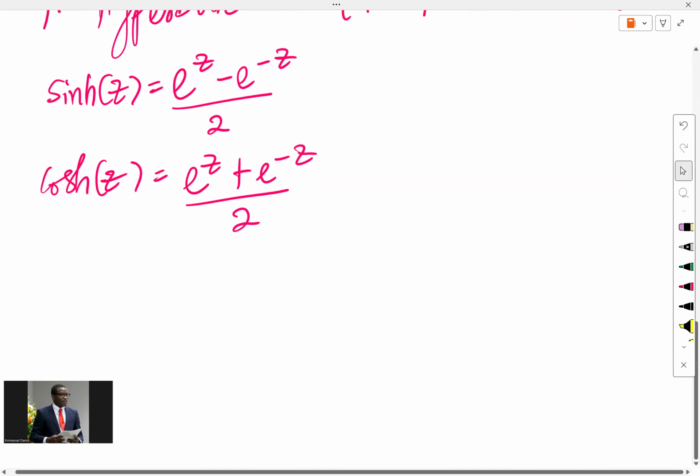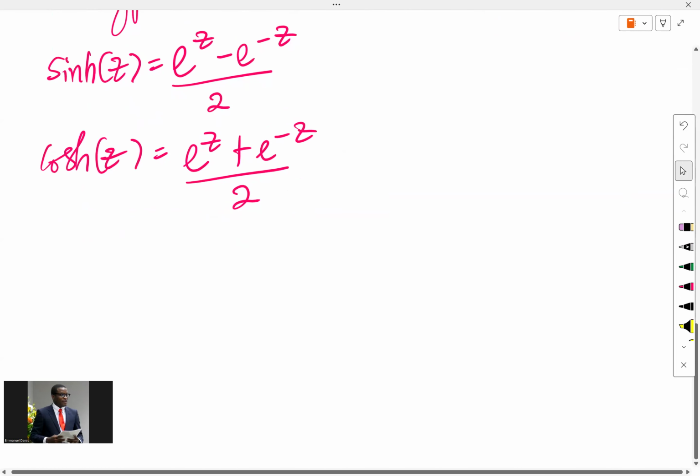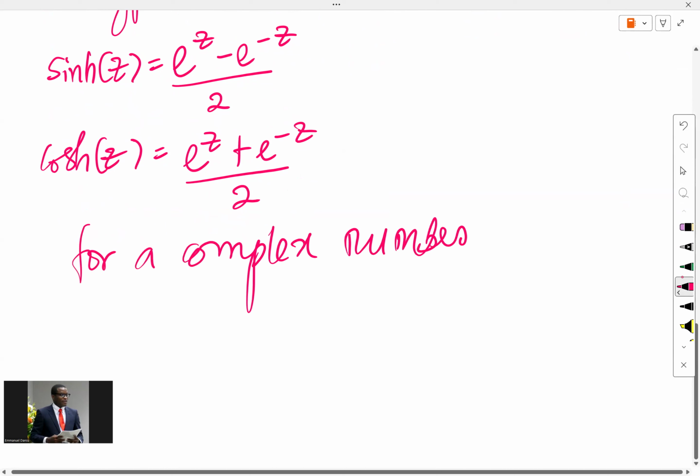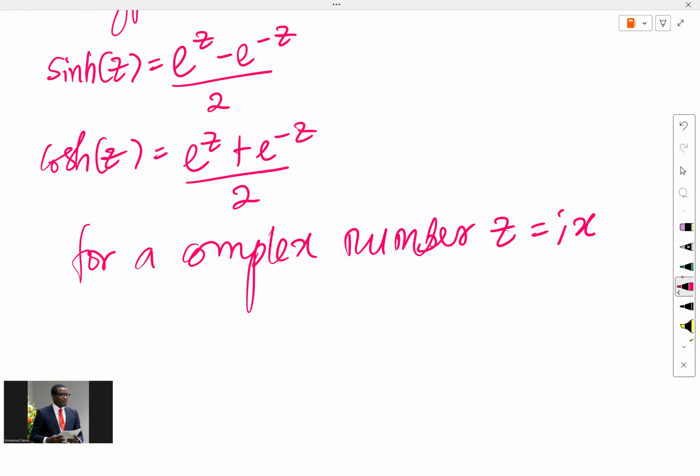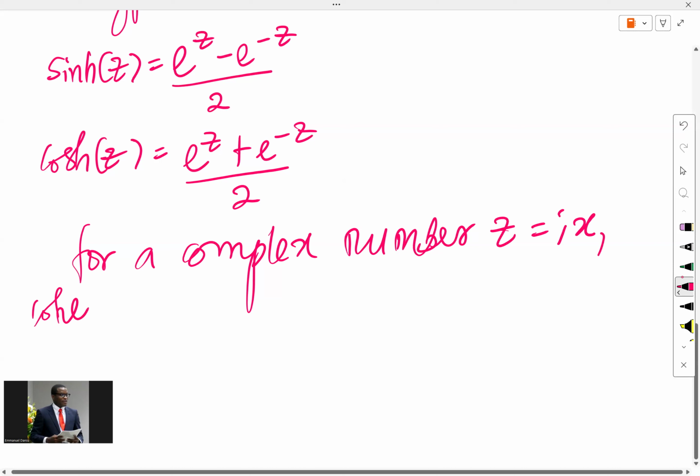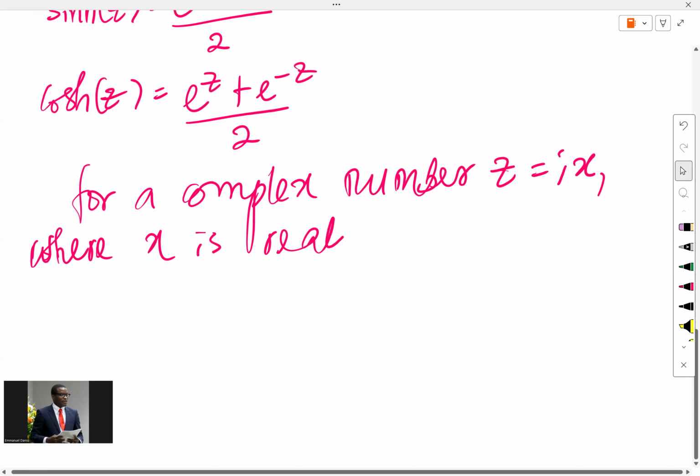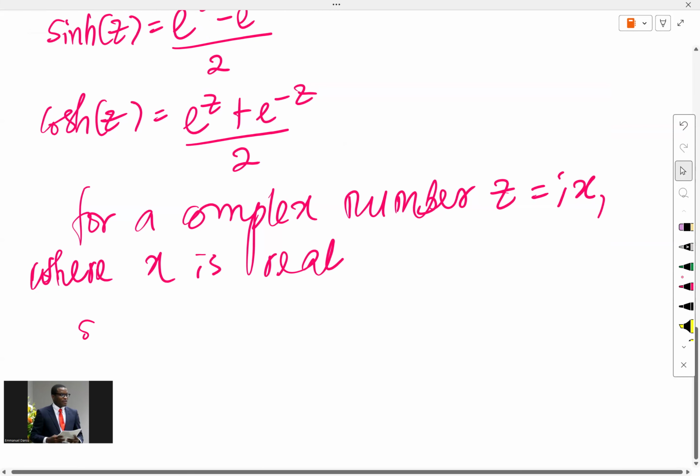So in this case, say for a complex number z equal to ix, where x is real, because we already know i is the imaginary unit, square root of -1, then we can say that sinh z becomes sinh ix.